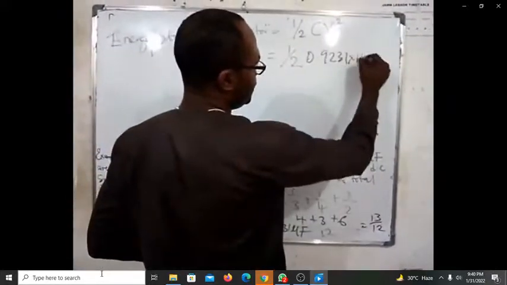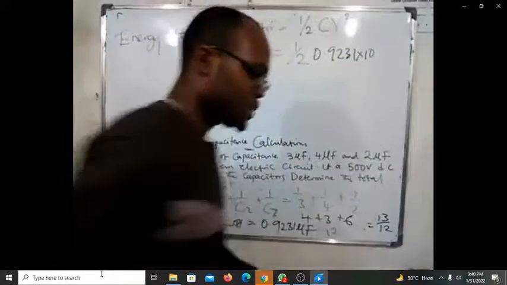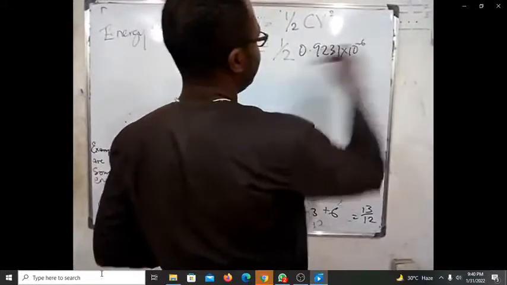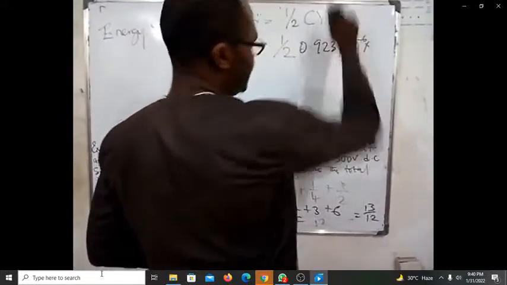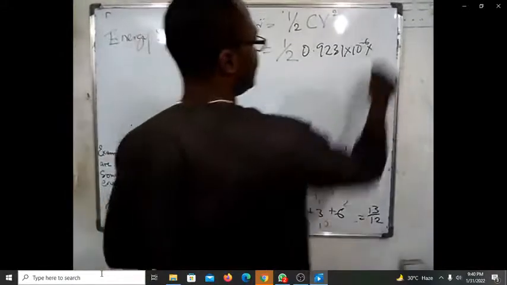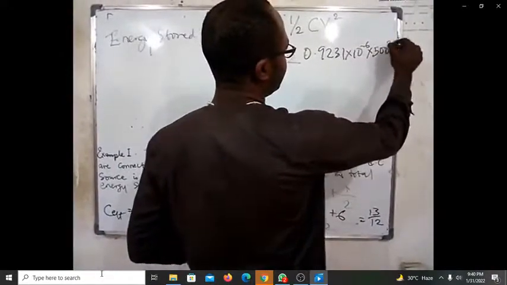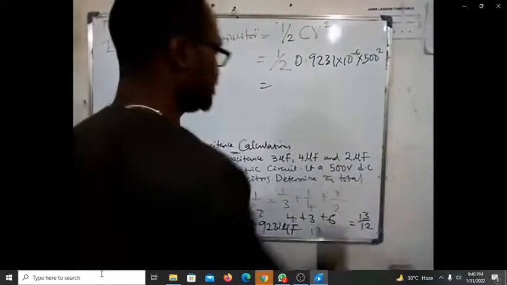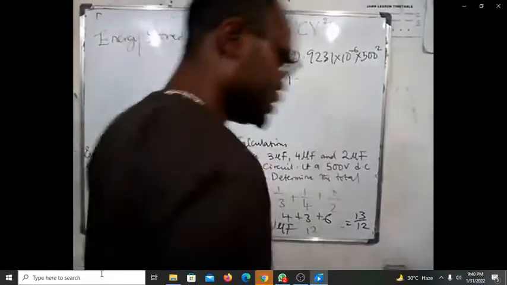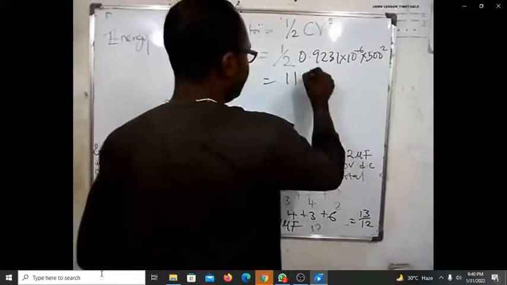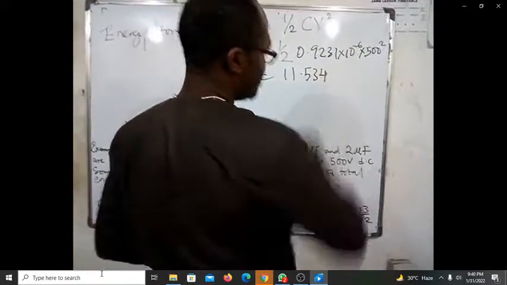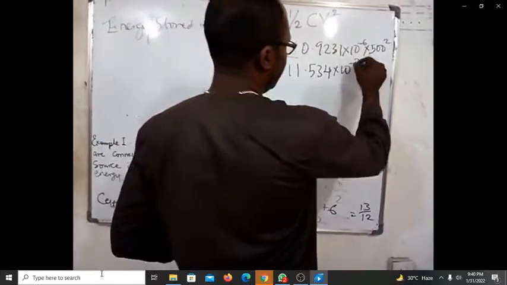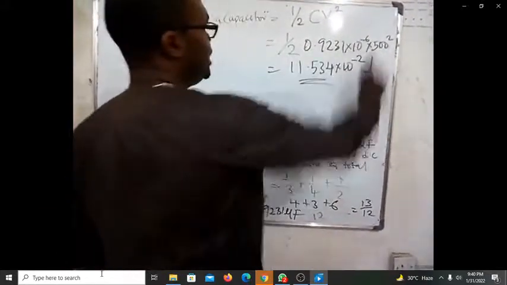When you convert it, microfarad is 10 to the power what? Minus 6, converting it to normal farad. So times V squared. What is V? 500. 500 squared. So when you solve out this calculation, you're going to get 11.534 times 10 to the power minus 2 joules. So press this out in your calculator.